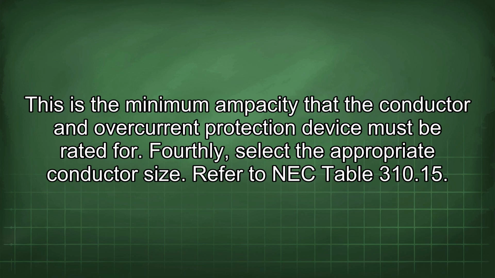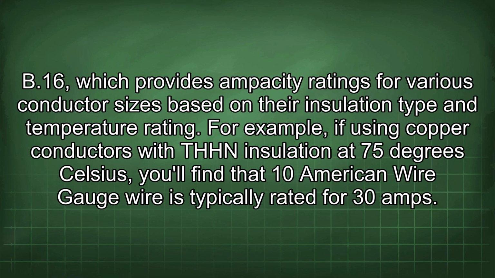Fourthly, select the appropriate conductor size. Refer to NEC Table 310.15(B)(16), which provides ampacity ratings for various conductor sizes based on their insulation type and temperature rating. For example, if using copper conductors with THHN insulation at 75 degrees Celsius, you'll find that 10 American wire gauge wire is typically rated for 30 amps.